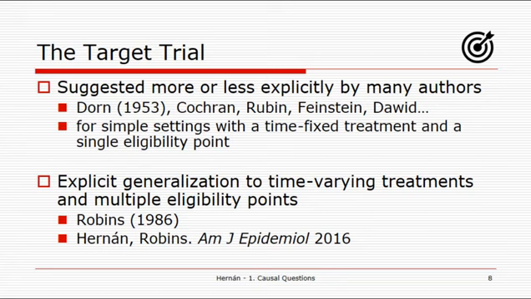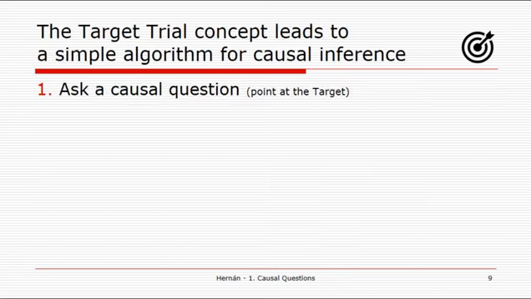And Jamie and I wrote a paper a couple of years ago that lays out this concept of a target trial in a more explicit way for both time fixed and time varying treatments. So, if we think about the target trial, then we can think about this two-step algorithm for causal inference.